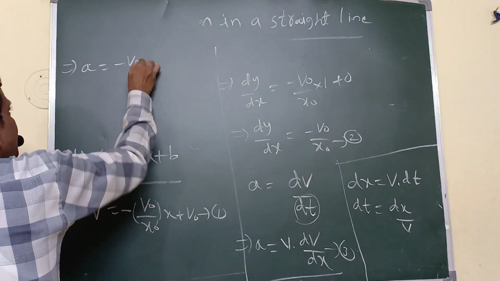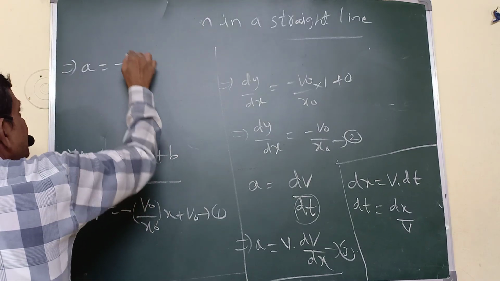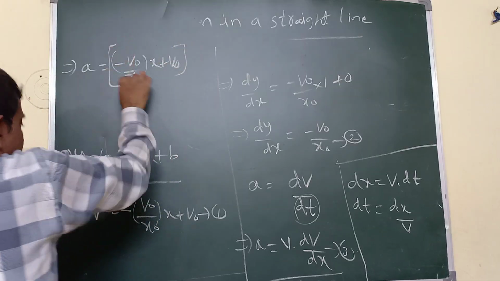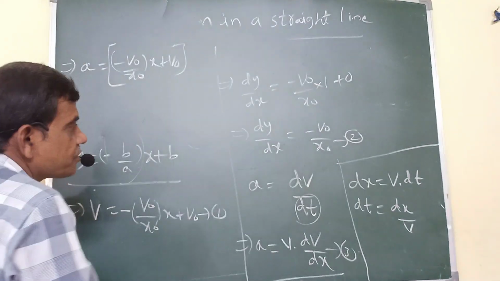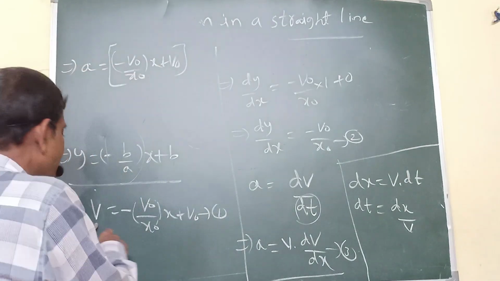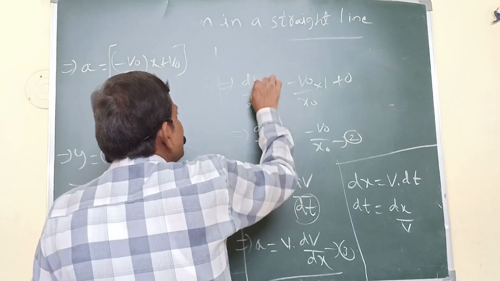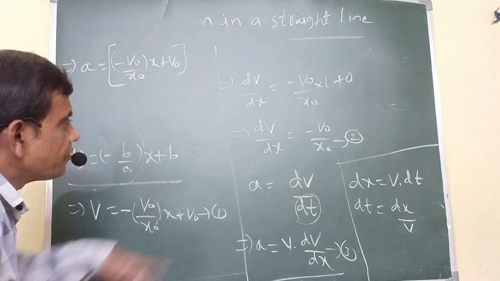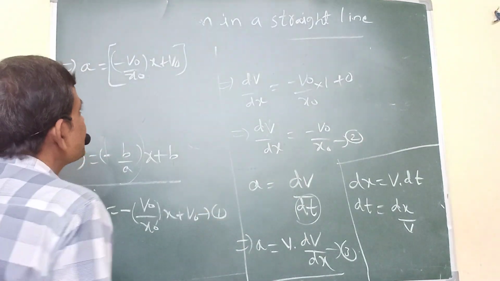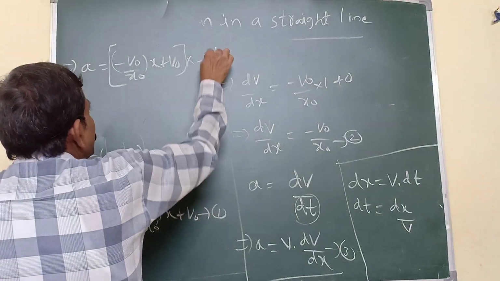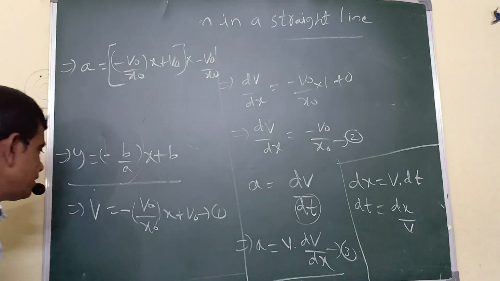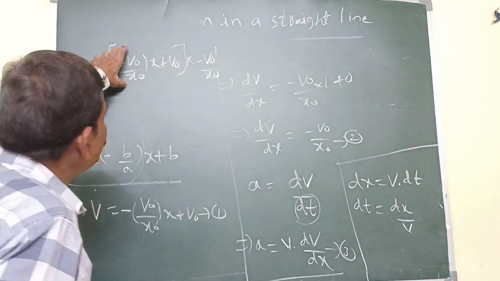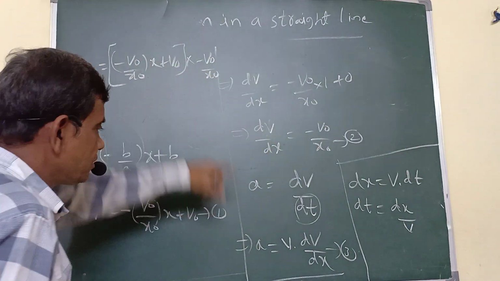Minus v naught by x naught into x plus v naught. That is v into dv by dx. dv by dx means what? Here y means v, along the y axis velocity is there. So what is the dv by dx? Minus v naught by x naught. Substituting these values: the v value is this and the dv by dx value is this. Totally, the a value.